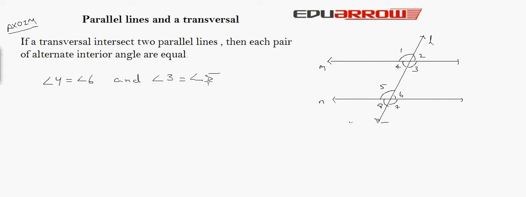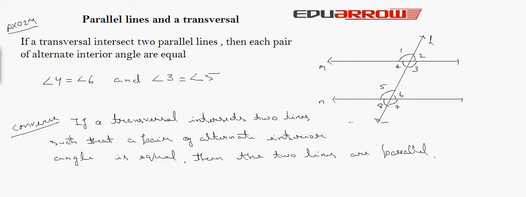Therefore, if two lines are parallel and a transversal intersects them, then each pair of alternate interior angles is equal. Now, the converse is also true.